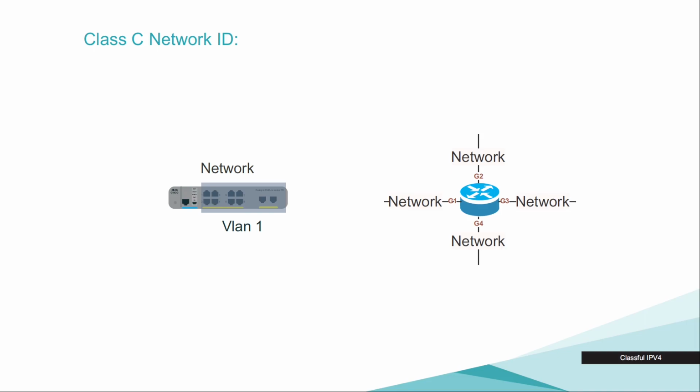And for our routers, by default, each single interface in our router should be in a different network. For example, if we have a router with 4 interfaces, interface G1 should be in one network, interface G2 should be in a different network, interface G3 should be in a different network, and interface G4 should be in a different network.